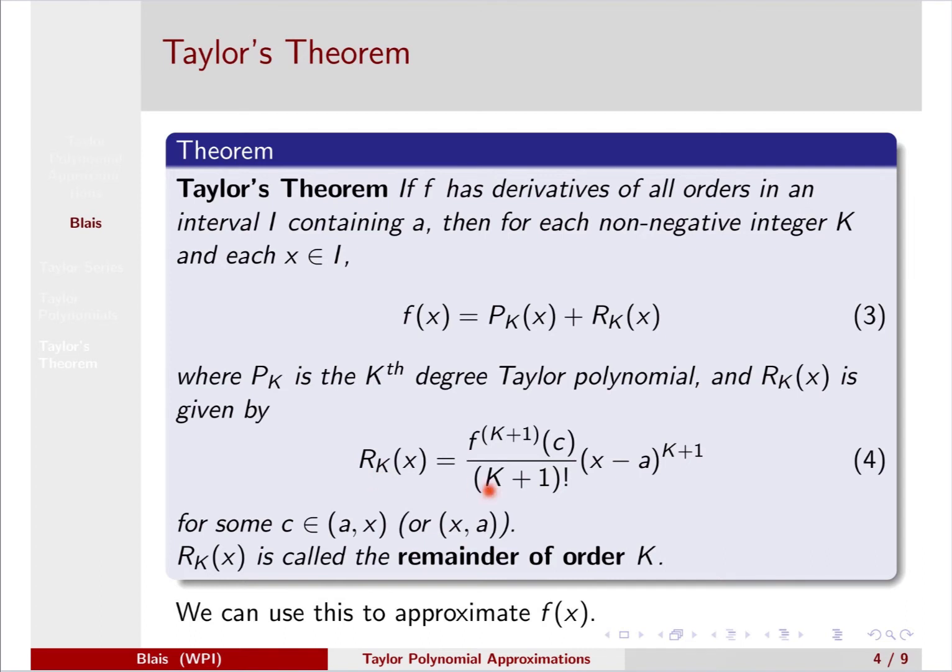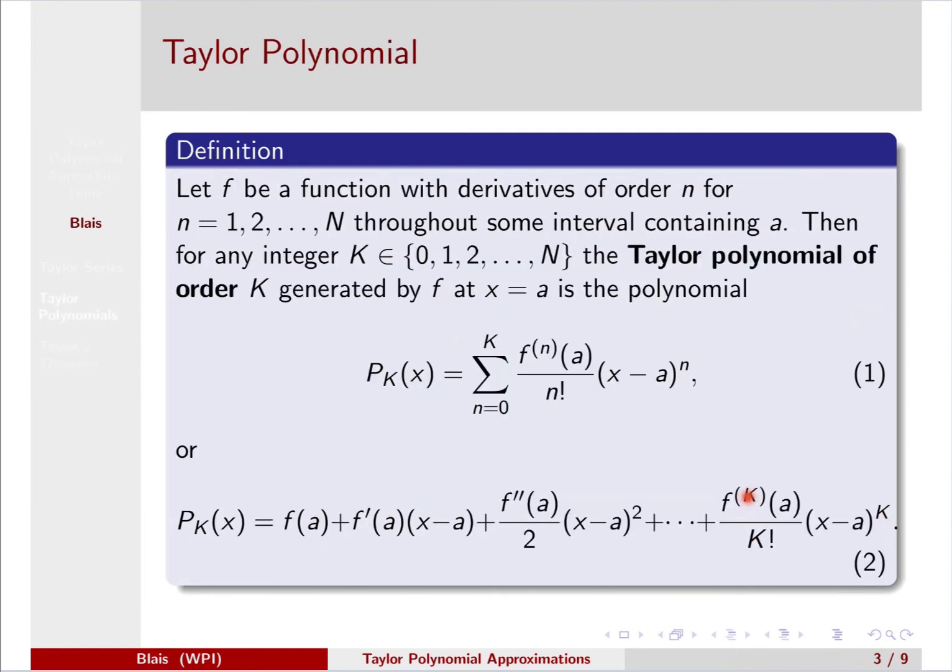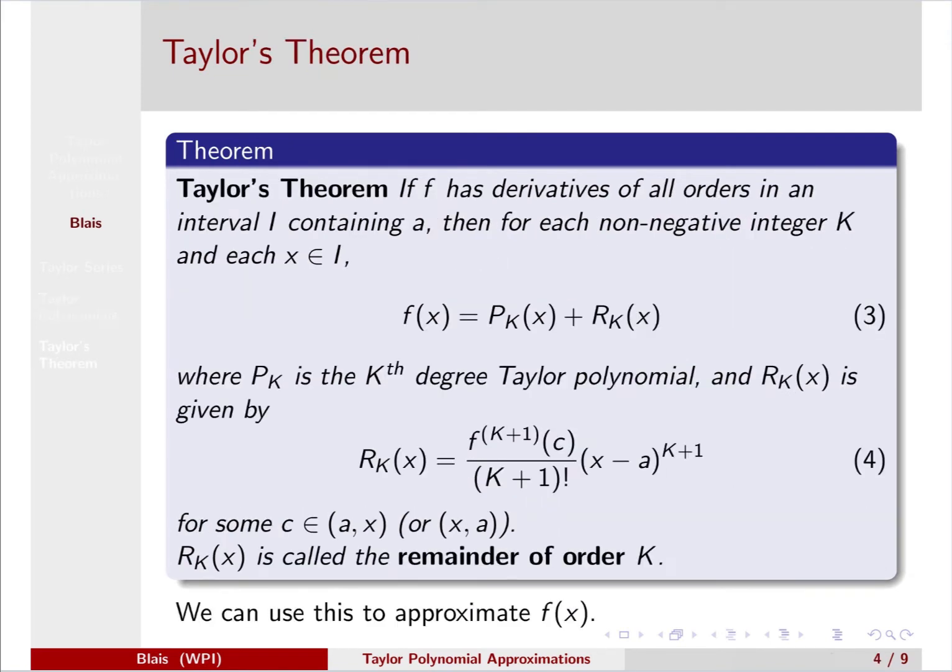So r_k of x looks like this, and it appears almost the same as the first term that we left out of our kth degree Taylor polynomial. Look at this last term in the Taylor polynomial. The term in the expression for r_k is the same as this, with k changed to k plus 1, but this a is a c.